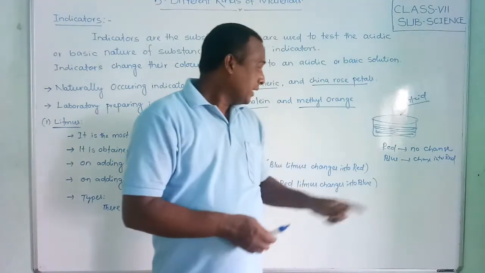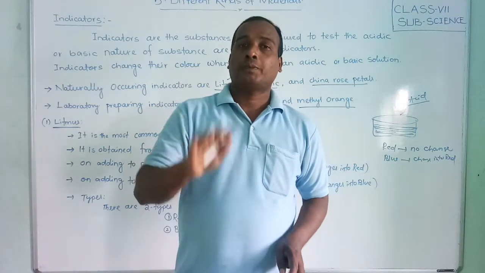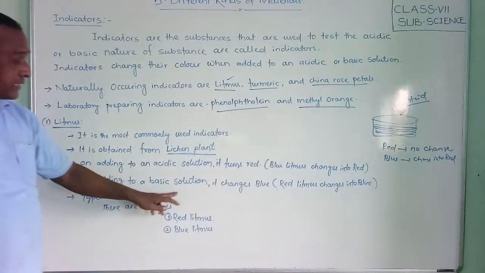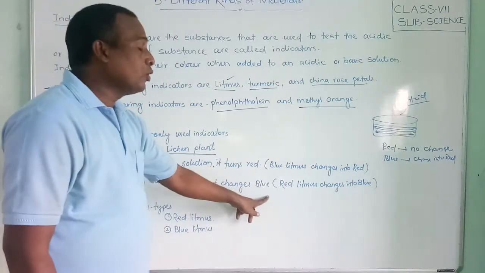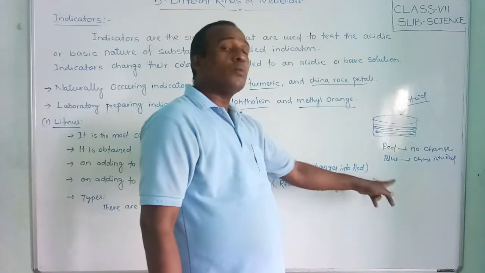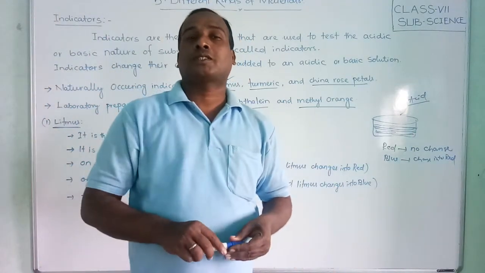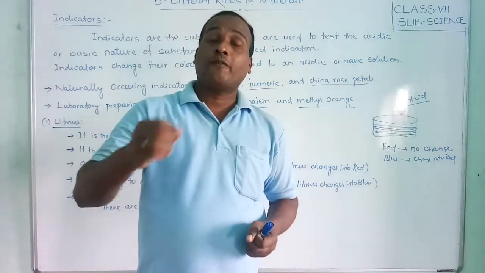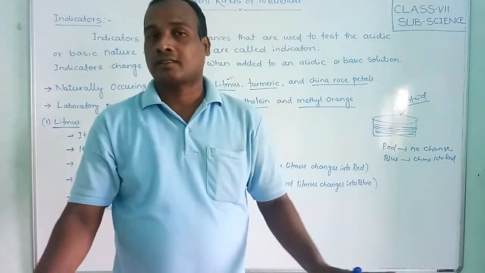Remember carefully friends, if there is no change of the blue litmus paper, then we should say it is a base. On adding to a basic solution, it changes to blue, that means red changes into blue. Blue does not change in base. Remember carefully students, you will get confused. Blue litmus paper put in a base, there is no change.